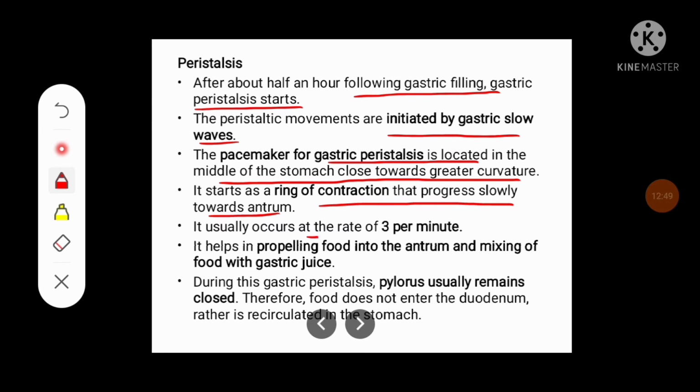It usually occurs at the rate of 3 per minute. It helps in propelling food into the antrum and mixing of food with gastric juice. During this gastric peristalsis, the pylorus usually remains closed. Therefore, food does not enter the duodenum, rather it is retained and recirculated in the stomach.